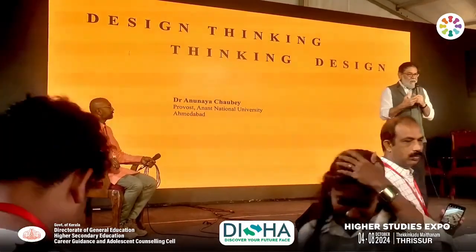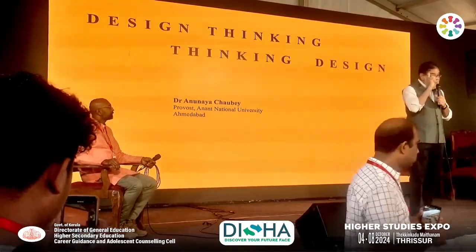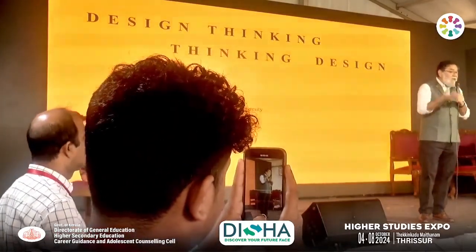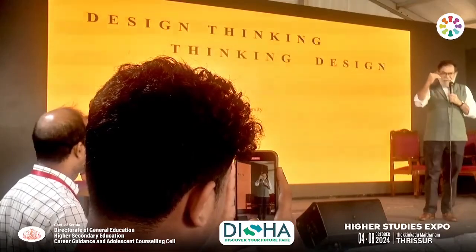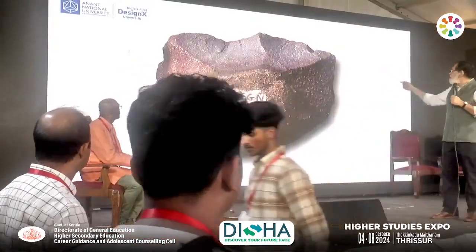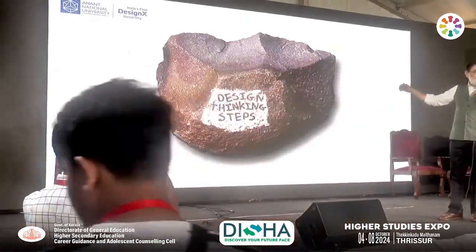The problems will be solved with the help of design. Always remember that. So what is this special way of thinking? What is design thinking? It has 5 or 6 steps, right? These are the design thinking steps that we are going to take a look at quickly.